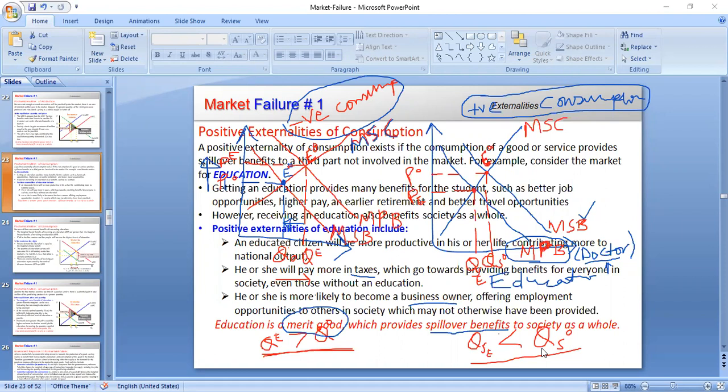So I don't know whether I've answered the question. And then to go to why negative externalities are always oversupplied in the market. We saw an example of pollution.